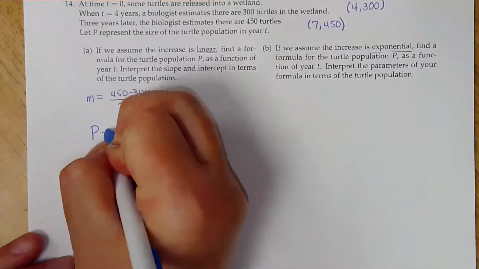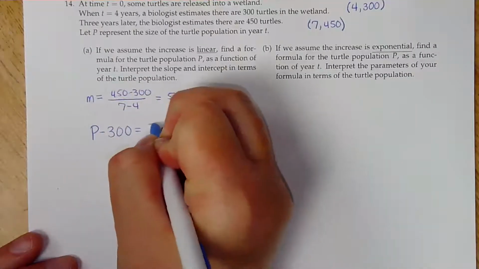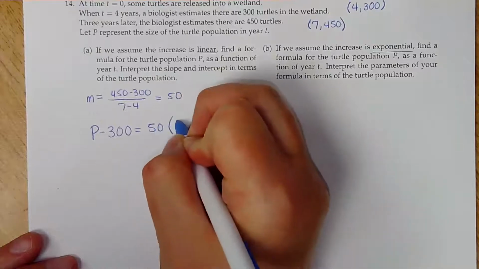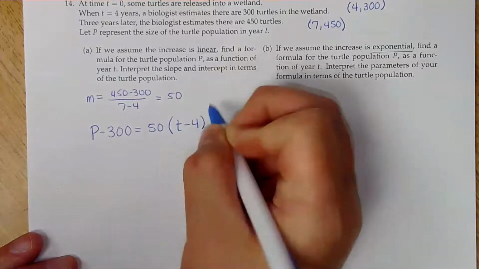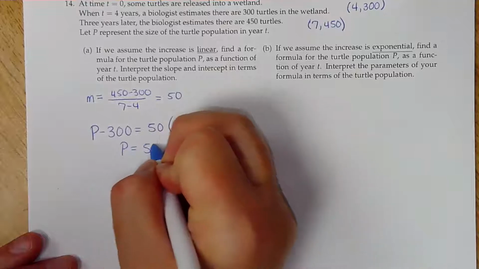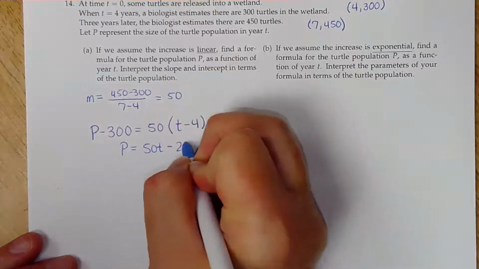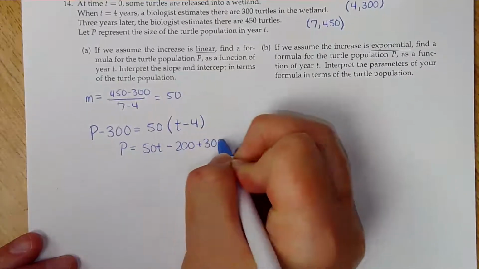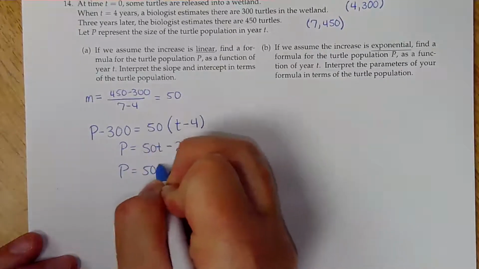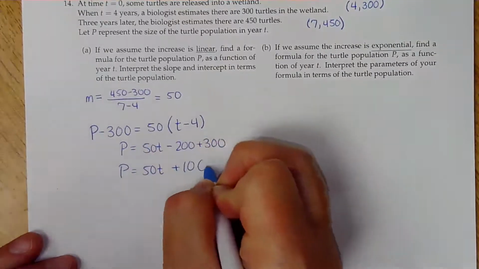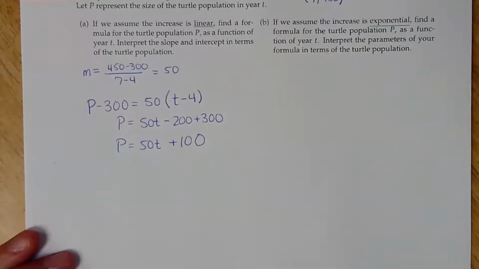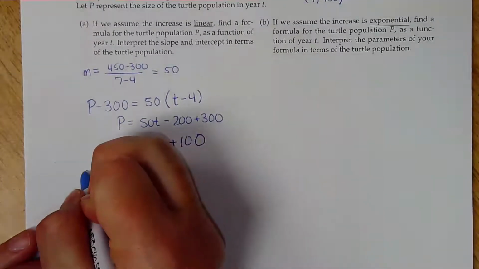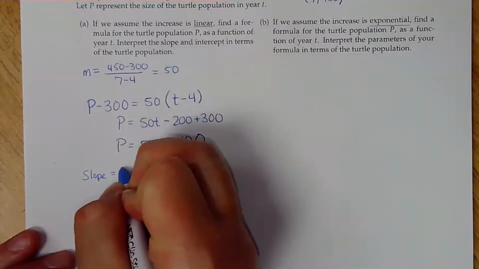So I have p minus 300 is equal to 50 times parentheses t minus 4. So p is 50t minus 200 plus 300. So 50t plus 100.